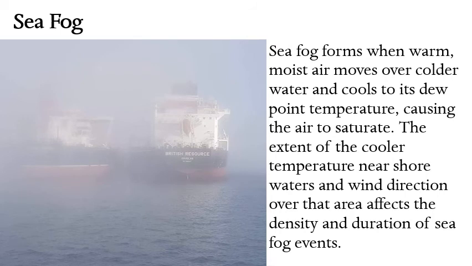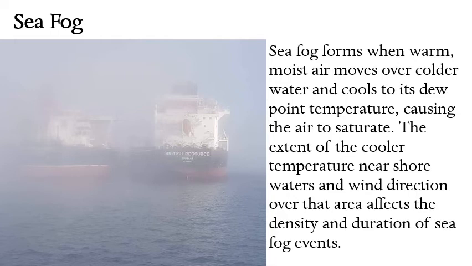Sea fog is a form of stratus cloud, and this forms when warm, moist air moves over colder water and cools to its dew point temperature, causing the air to saturate.